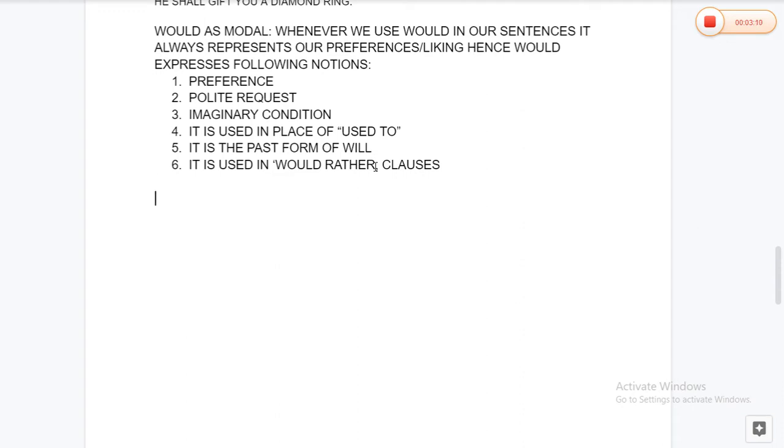So let's see some examples. First we will see the examples of preference. So the best example of would is I would like to invite.